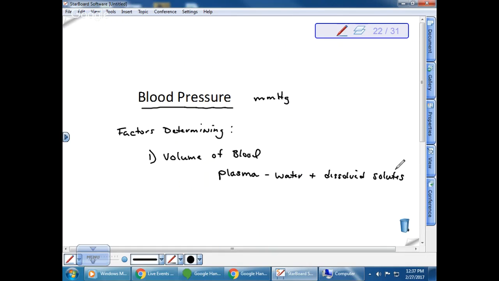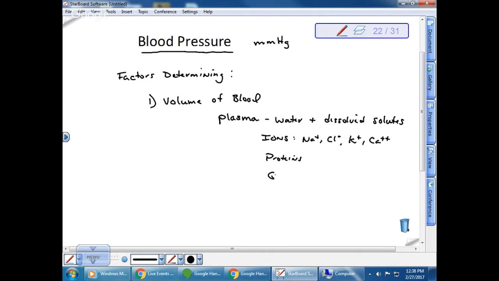Sodium ions, chloride ions, calcium ions, electrolytes. The other things that are in there include glucose, amino acids, proteins, all these things that are dissolved in it. So we'll say that there's ions, like sodium, chloride, potassium, calcium. There's proteins in solution, like hormones. There's also glucose.